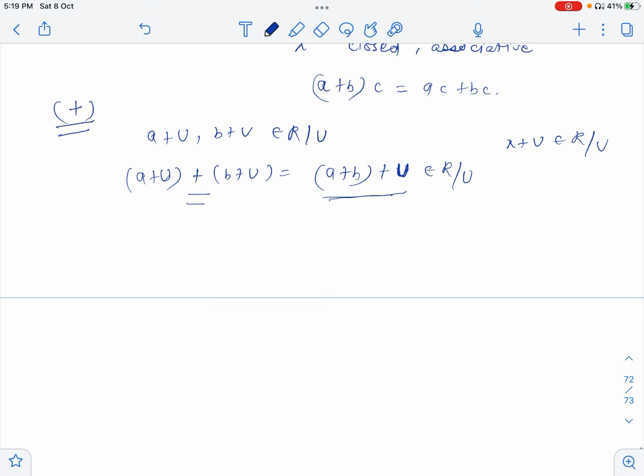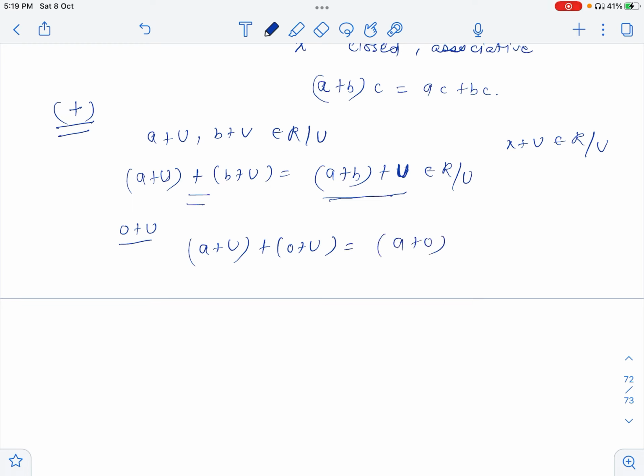And let us prove that this has an identity. Let us assume that 0 plus U is an identity. So (a plus U) plus (0 plus U) is equal to a plus 0 plus U, and 0 is the identity of R, so it is equal to a plus U. So it has an identity.